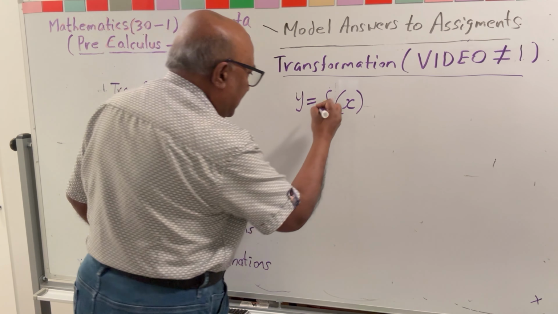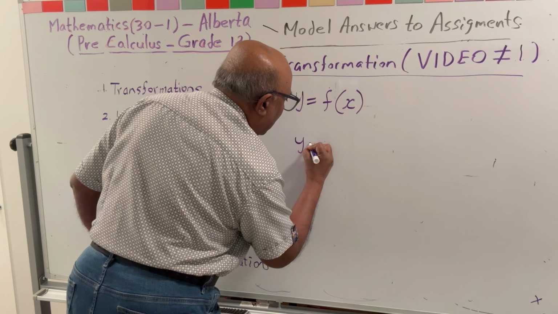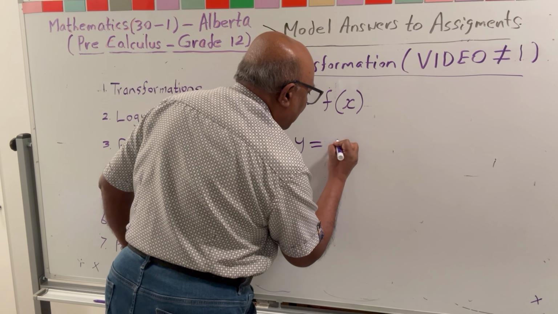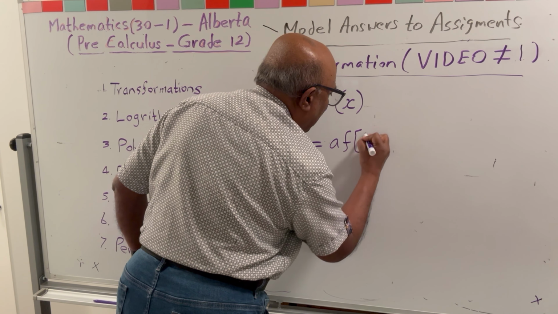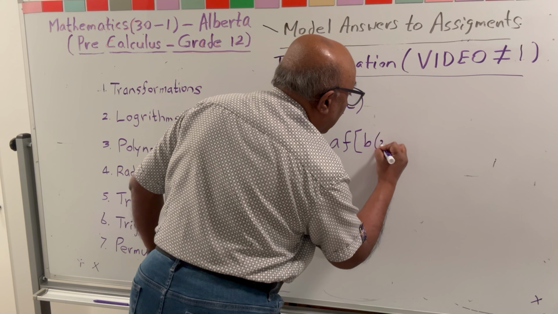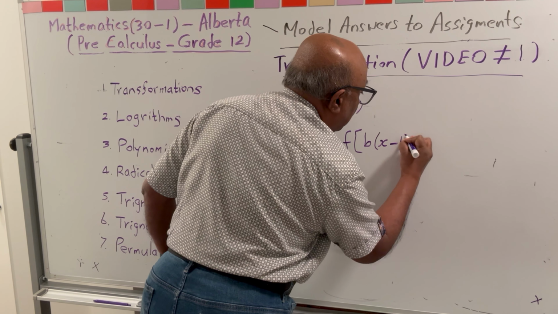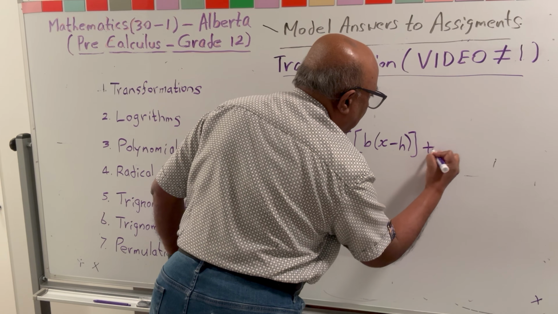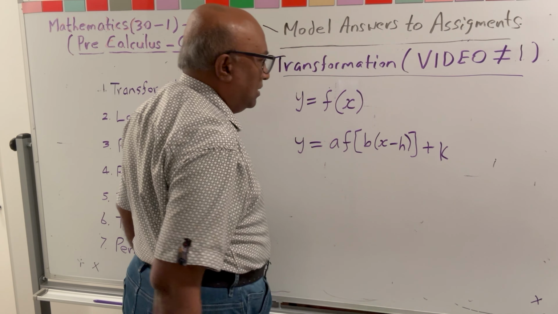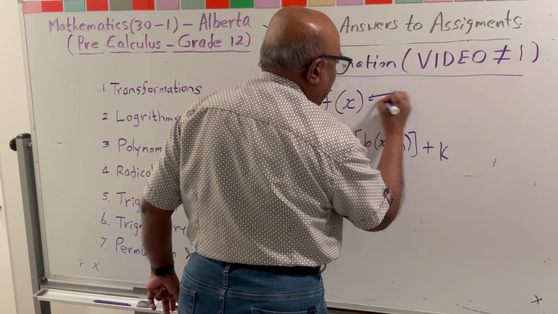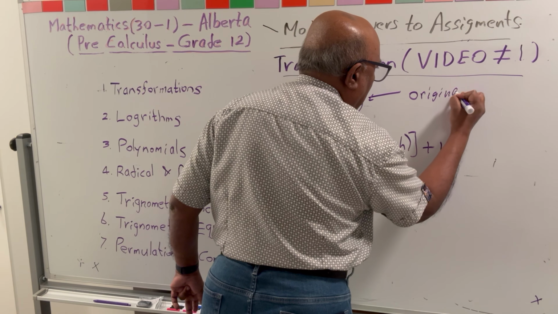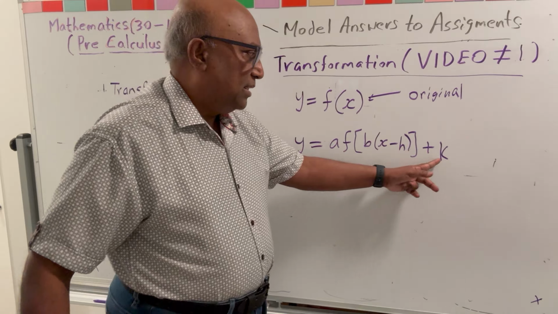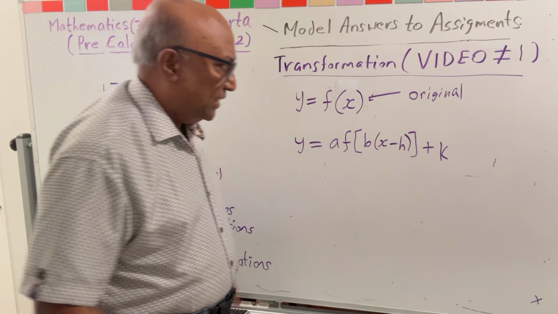Say the original function is transformed into this complex function a f of b x minus h plus k. Once again I will mention this as the original function. Sometimes the transformed one is called the image function, image.